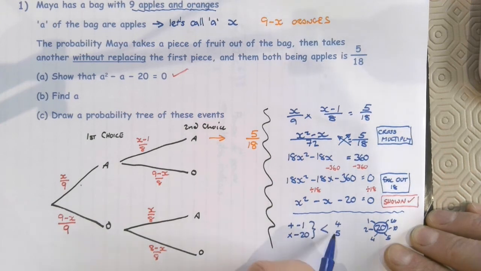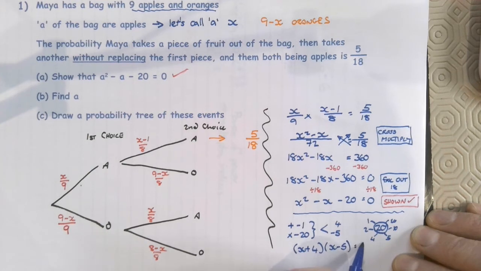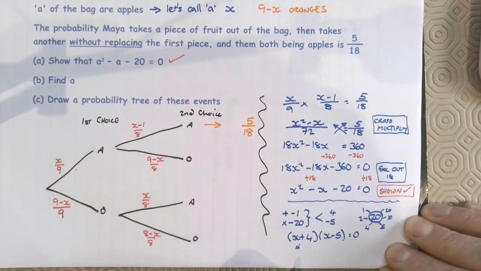And I want it to add to -1, so that's going to have to be minus. So what I've got is x plus 4, x take 5 is 0, so x is -4 and x is 5. Well, I can tell you now that we're not interested in having -4 apples. So we want x is 5 apples. So find a.